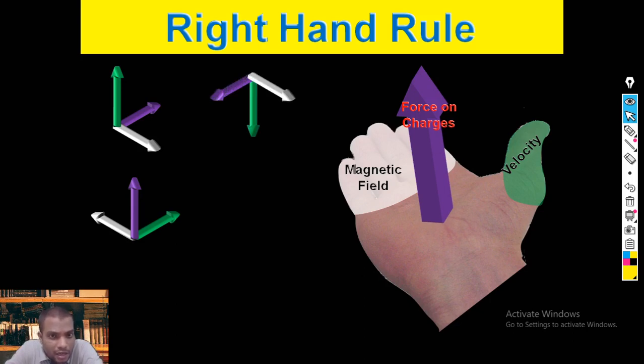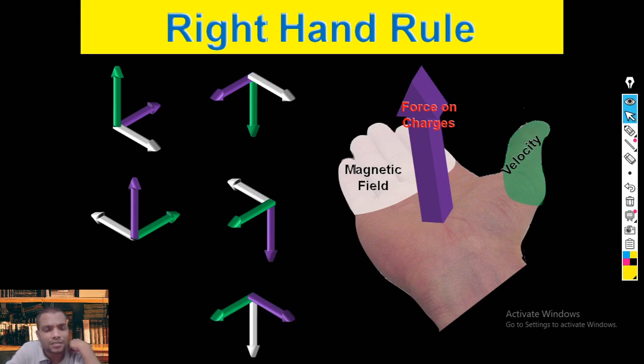And here you can see, if any of the components changes, the rest of the two components will change. It's very tricky to apply the right hand rule. Always follow your own, and apply it carefully. If any of the components is changed and the direction of the force changes, here I got 6 different directions of the force.